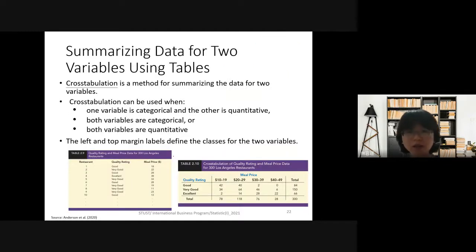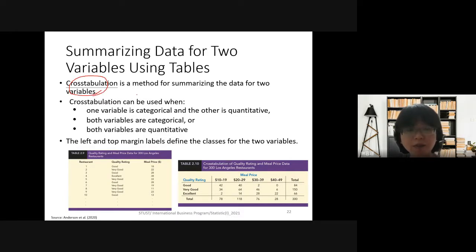And then the next thing I would like to introduce is, if you would like to summarize the data for two variables, you can use some tables to express it. For example, the cross tabulation.